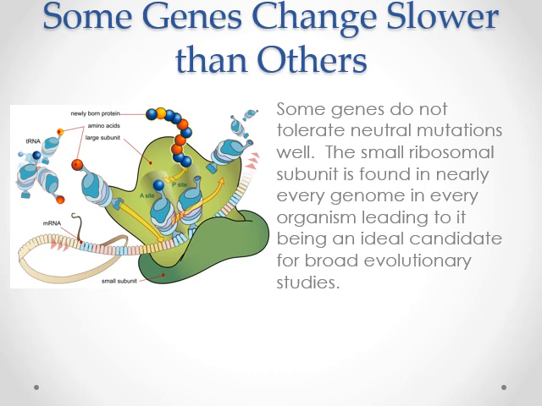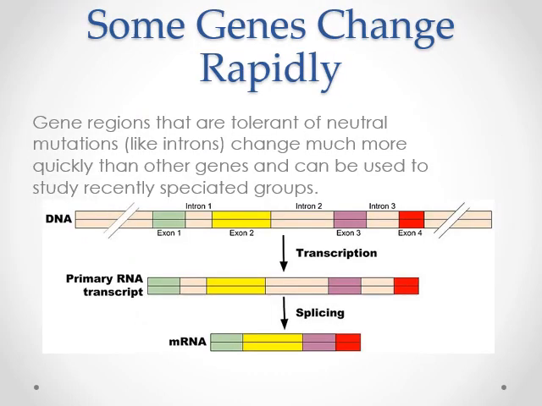If you tried to look at differences between you and your siblings with, I don't know, mitochondrial DNA or ribosomal DNA, you're not going to see almost any. There's going to be no difference between you and your siblings. Some are slower than others, and some are very, very quick, like I said, the introns, because they're not impacting fitness.